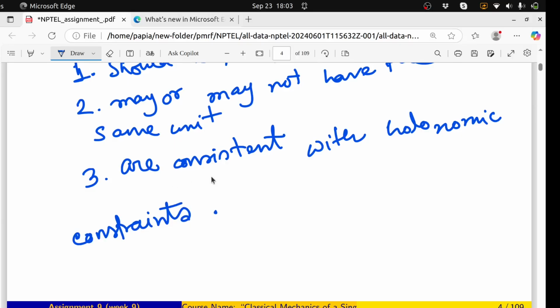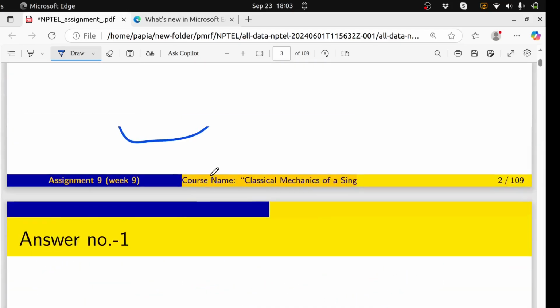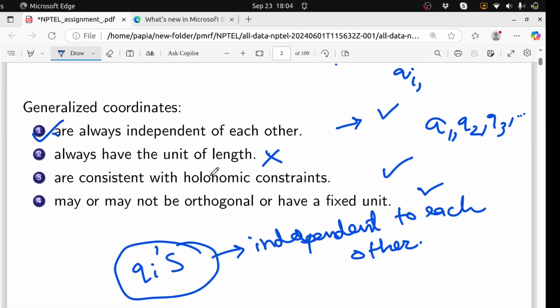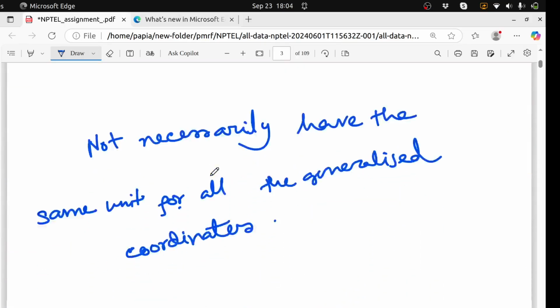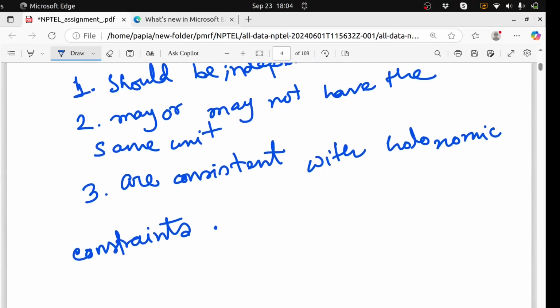So let me go back to the first question. Always independent of each other, correct. Always have a unit of length, not correct. Are consistent with holonomic constraints, correct. May or may not be orthogonal or have a fixed unit.